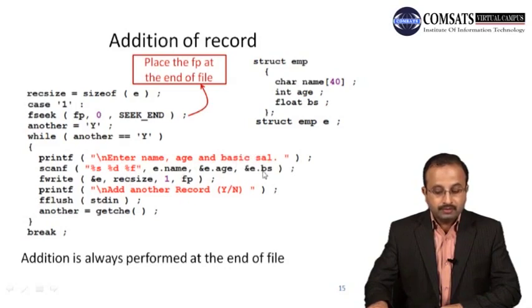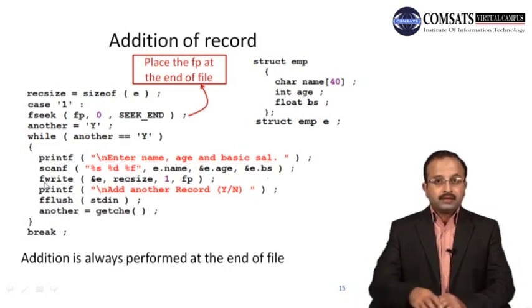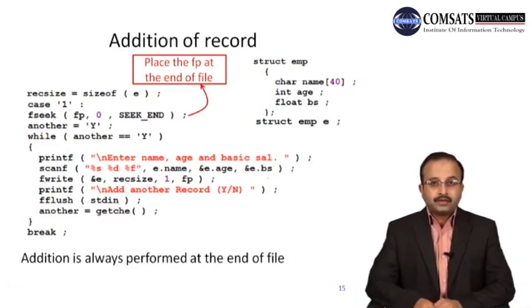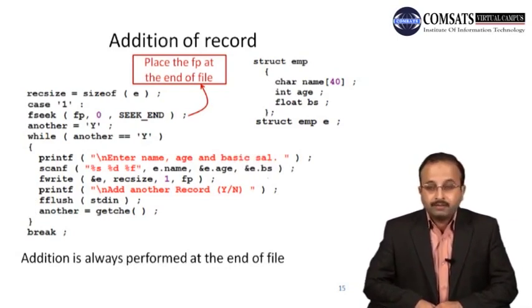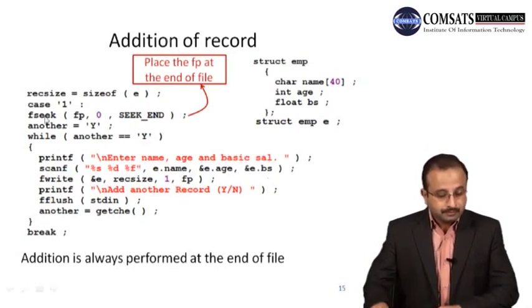You input these values in the structure E, and then you write using the fwrite function. You can use any other function, for example fprintf, to write those records, but here we are using a binary file, so we are using fread and fwrite functions to write and read the content of the file.